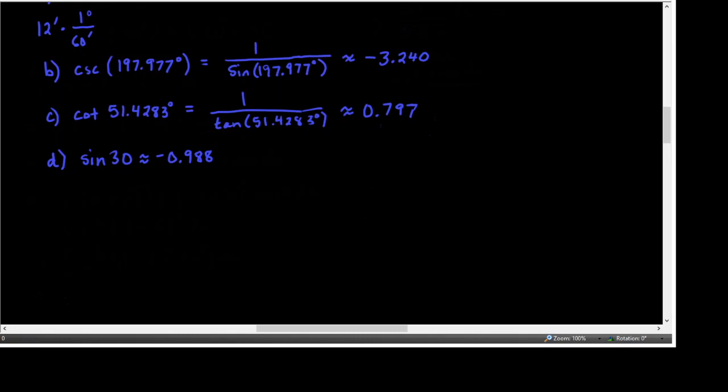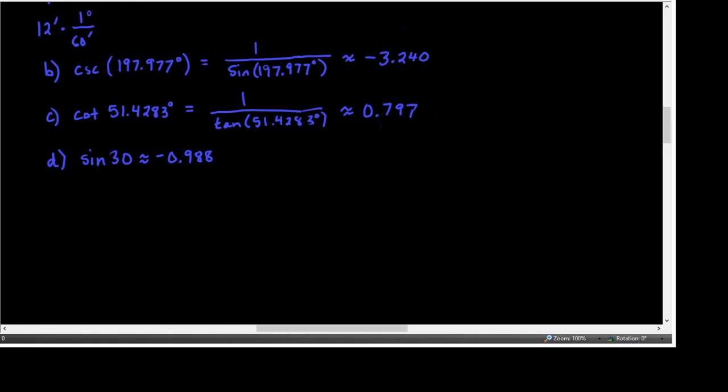Well, if you did, I caught you. Sorry about that. This is sine of 30, not sine of 30 degrees. If the number does not have a degree symbol on it, it is in radians. And so for part D, you had to change your calculator into radian mode. So do that. Then retype sine of 30 and make sure you get this answer.